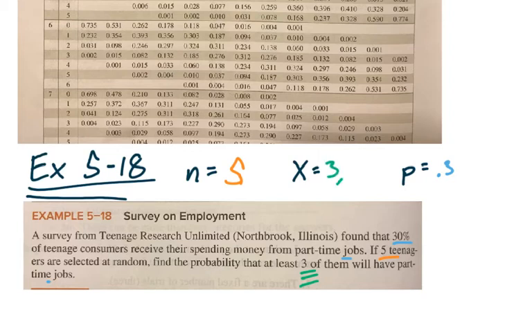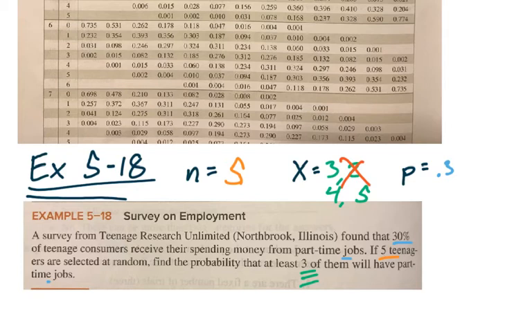If we have 2, that's not going to work. So okay, got to count the other way. So 3 out of 5 have a part-time job, and that's fine. 4 out of 5 have a part-time job, that's fine. 5 out of 5, that's still at least 3.